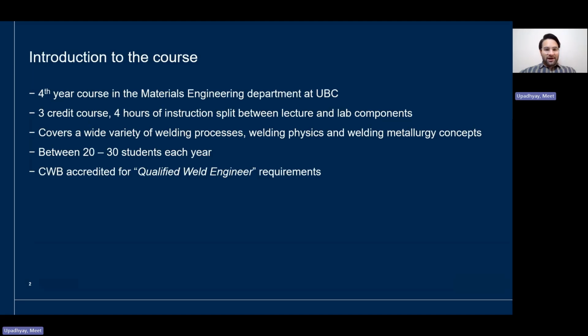The course covers a wide variety of welding processes, welding physics, and welding metallurgy, and usually has about 20 to 30 students each year. It is also accredited through the Canadian Welding Board for qualified weld engineer requirements as well.